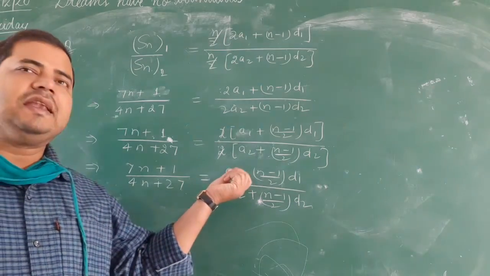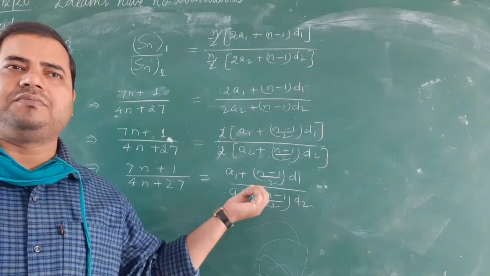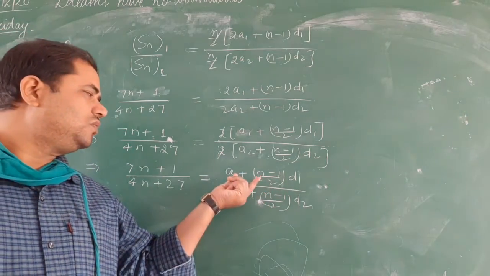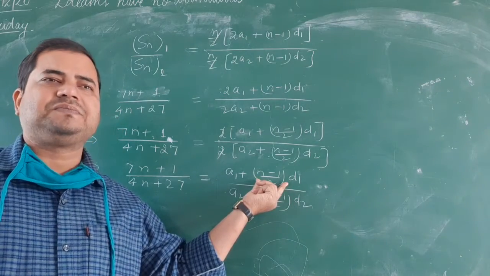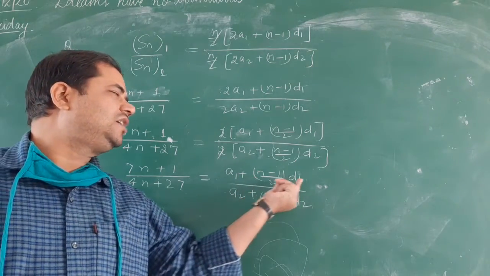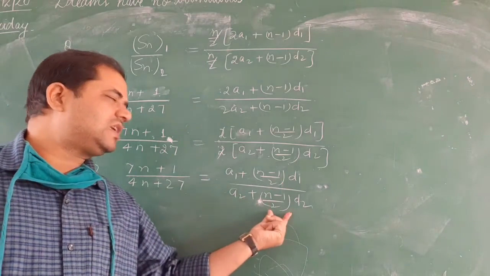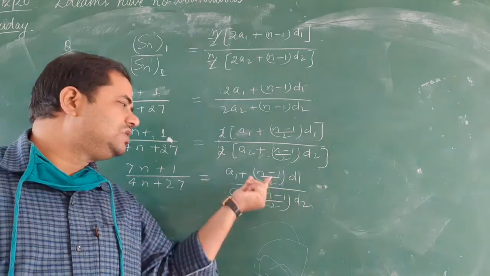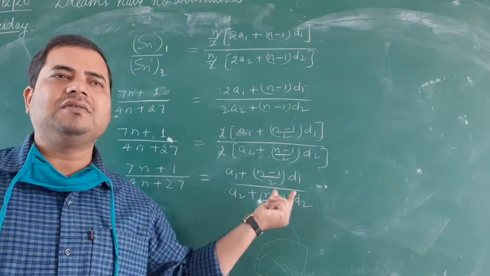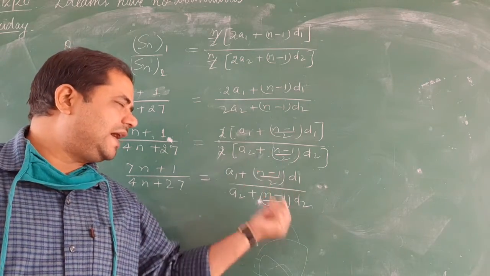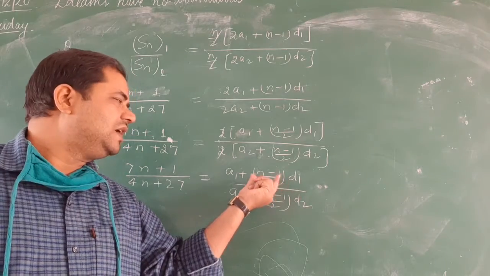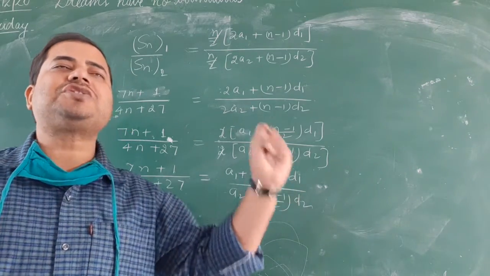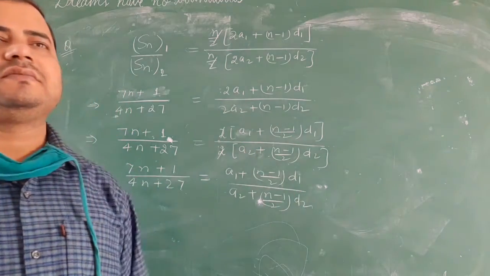We need to find the ratio of the ninth term. So a1 plus 8d1 and a2 plus 8d2 is the ratio of the ninth term. So for this to become the ninth term, (n minus 1) by 2 must be equal to 8.